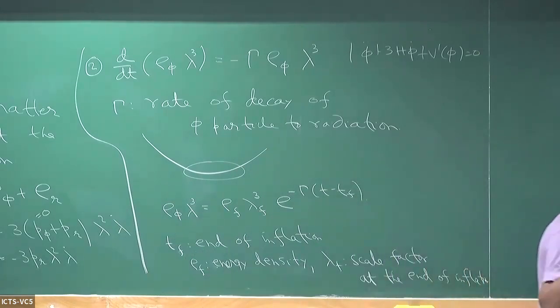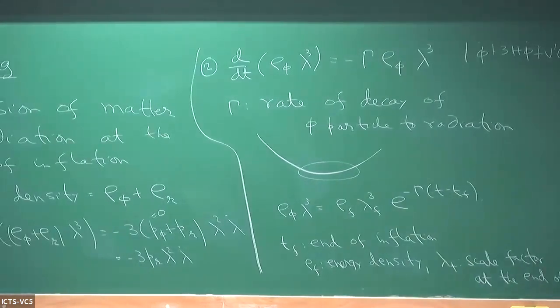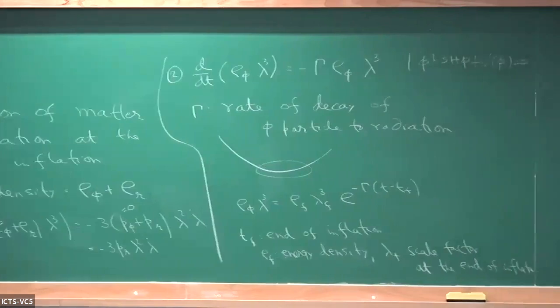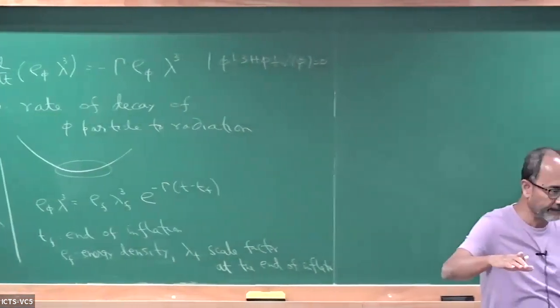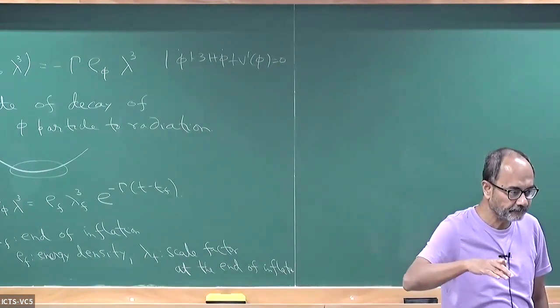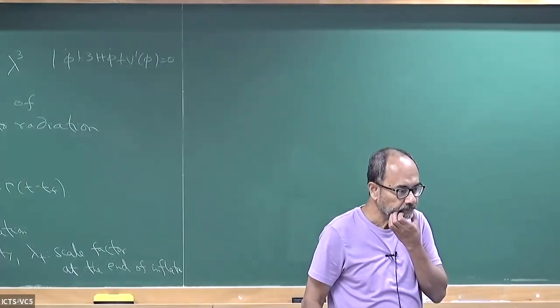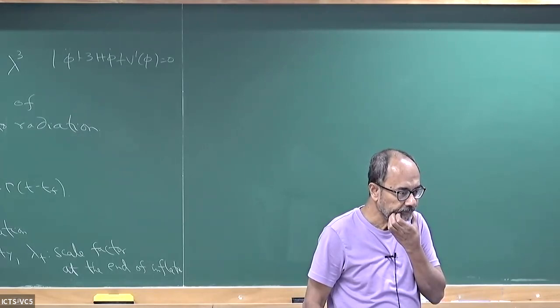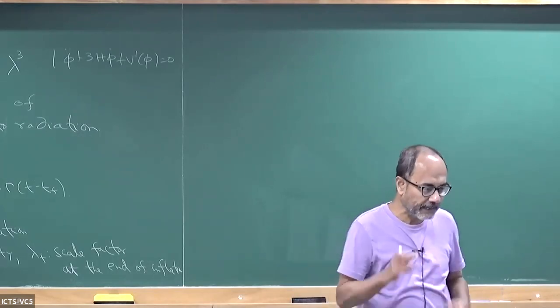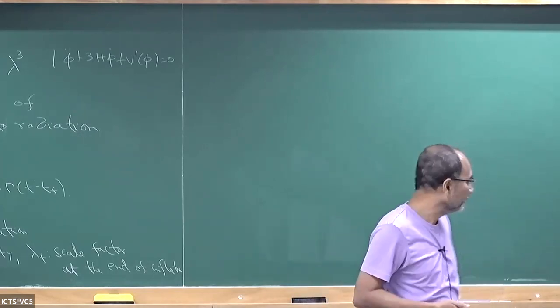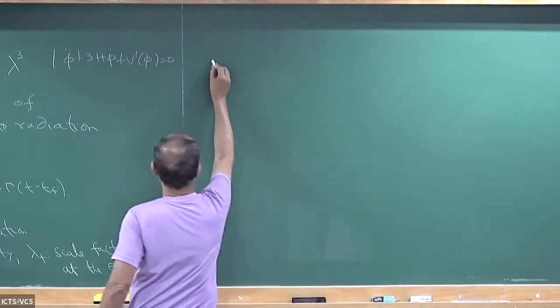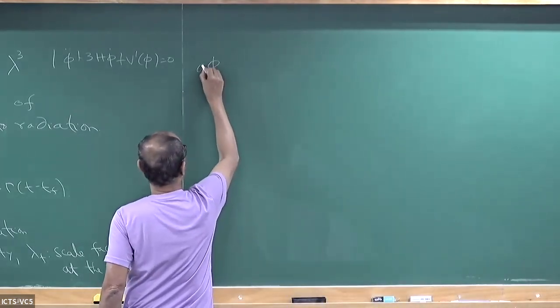Tf is the time when the energy density has gotten converted from cosmological constant to matter. You can roughly take that to be the time at which phi reaches 0, because once it reaches the minimum, then it starts oscillating. If you take a phi to the b potential, then V of phi is minimum at phi equal to 0.